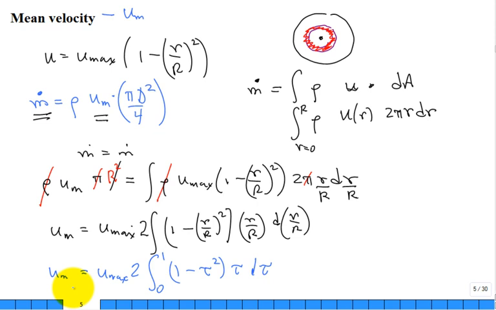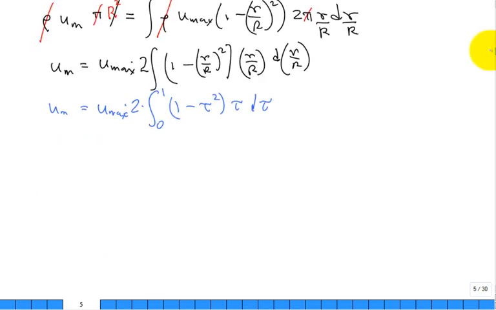All right, how would you do that integral? Well, I'd explode it a little bit. Wouldn't I put here tau minus tau cubed, d tau? And now I integrate. Okay, I can do the first one. That's just 1/2 tau squared.